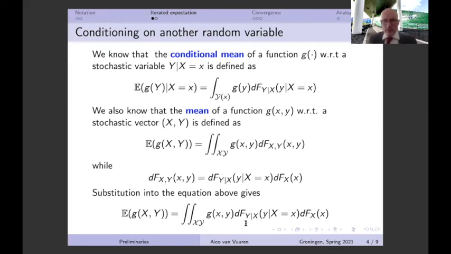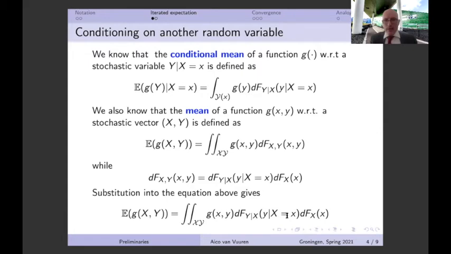This still looks quite difficult. Actually, I've made it even more difficult. But one nice thing with respect to this notation is that I can now use 2 different integrals. Take into account that this is an integral over a full set of x and y's. But now what I could do is write first an integral over the x's, and then over the y's, conditional on the x's, because I have here the conditional density.